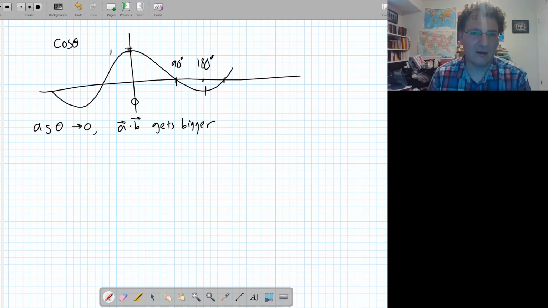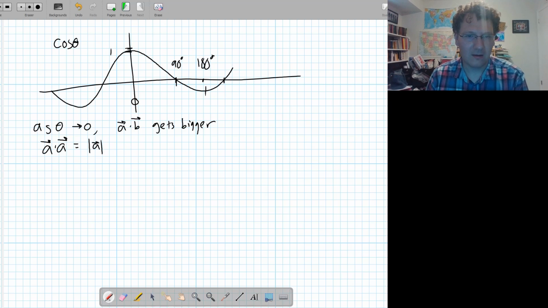And you notice that if you have A dot A, if you put it in the formula, this is going to be the magnitude of A times the magnitude of A times the cosine of 0, because the angle between A and A is 0, which is just the magnitude of A squared.